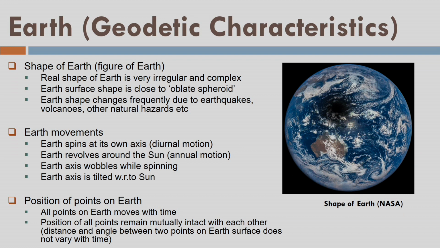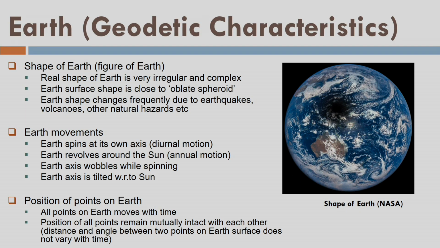Now let us look into the shape of the Earth. What are the Earth's characteristics? Because of that, we want to develop our strategy or methodology so that we can develop a 3D reference system in which we can measure our 3D coordinates simultaneously. This is the surface of the Earth as visible from the satellites. The real shape of the Earth is very irregular and complex, as we can see here: there are some seas, some lands, some hills, some big mountains, and so on.